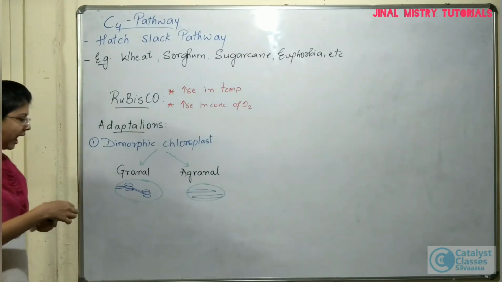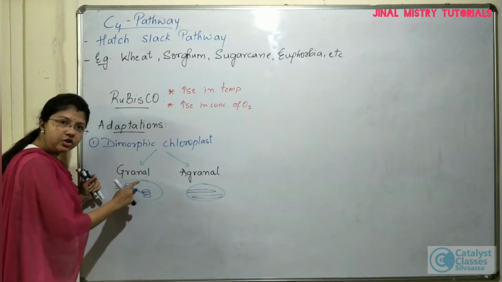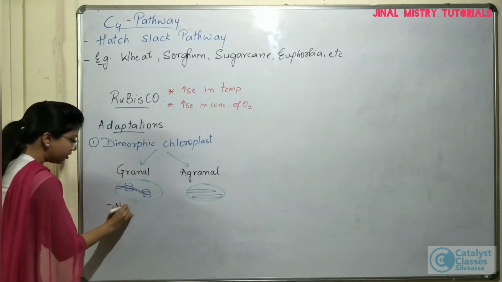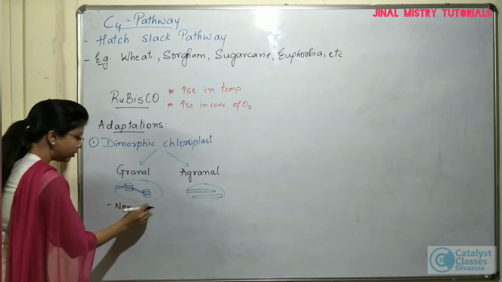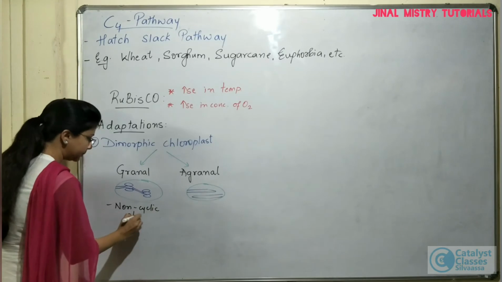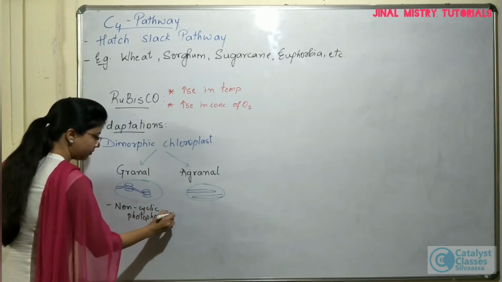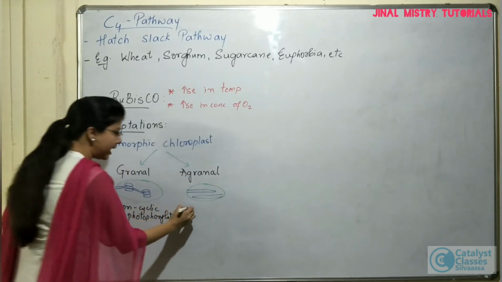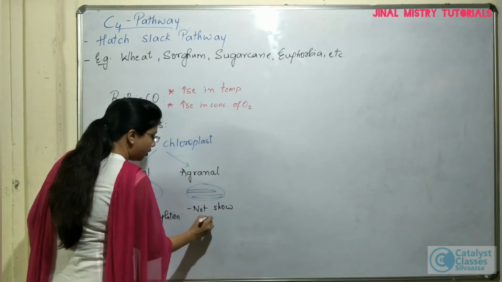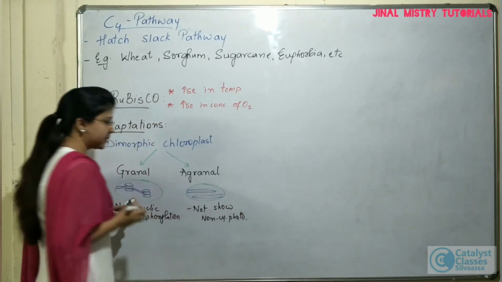Now when I say granule chloroplast, that means the thylakoids have arranged themselves to form the grana. Basically these grana, or the membrane of thylakoid, are involved in non-cyclic photophosphorylation, whereas the stromal lamellae will not show the non-cyclic photophosphorylation process.